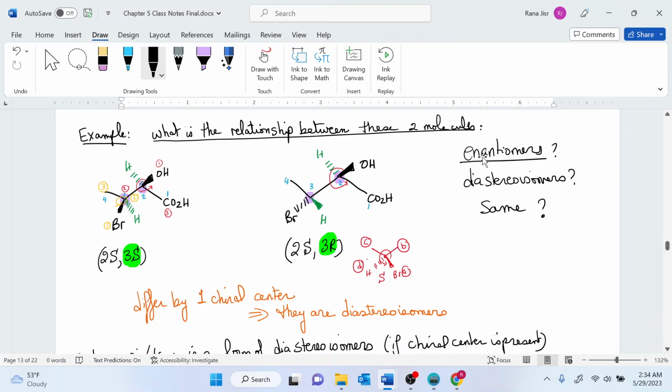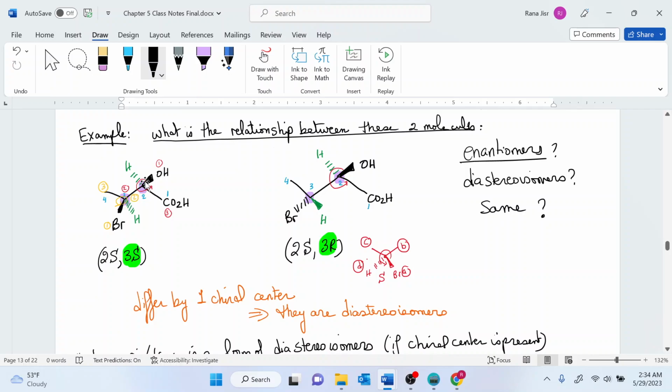If they differ by both chiral centers, then they're going to be enantiomers. If they differ by not all the chiral centers, then this is going to be diastereoisomer. Here I have two chiral centers, so they should differ by at least one chiral center to be diastereoisomer. And if the configuration is the same for both chiral centers, then these are going to be identical.